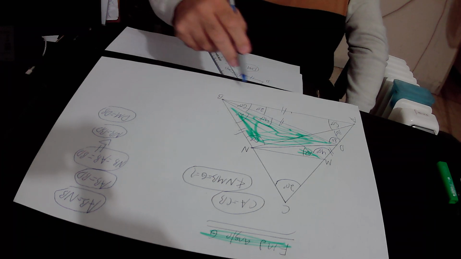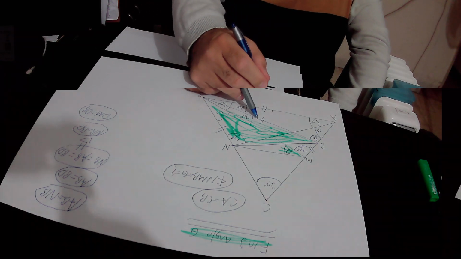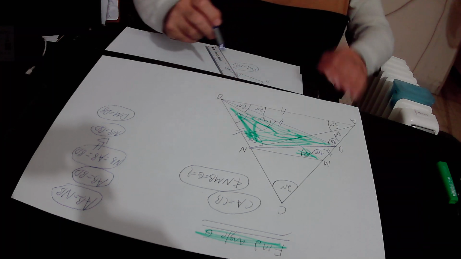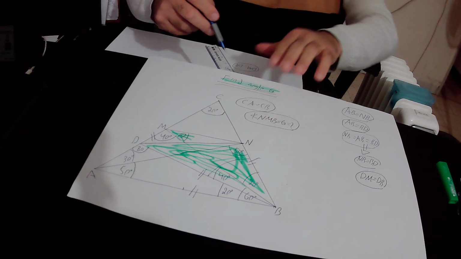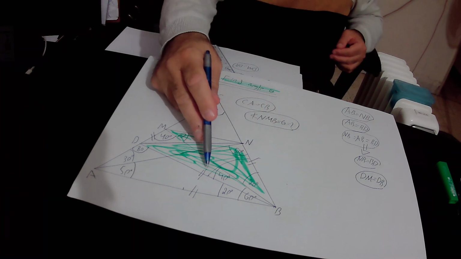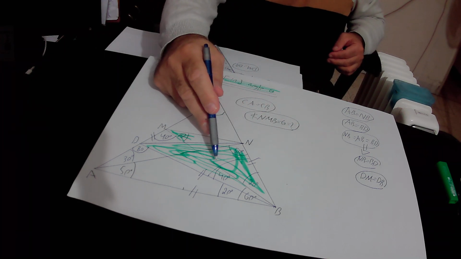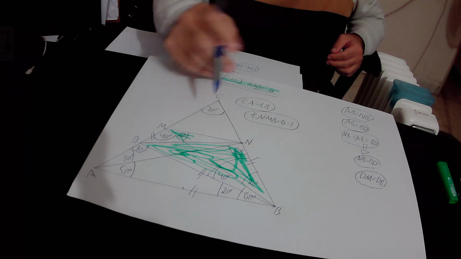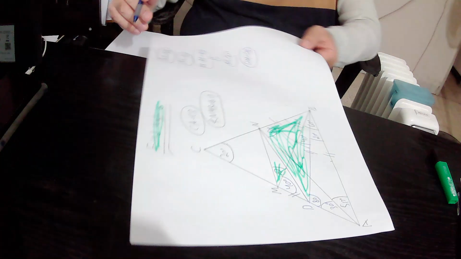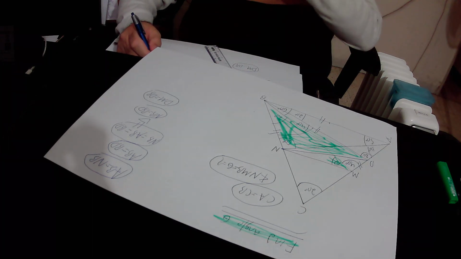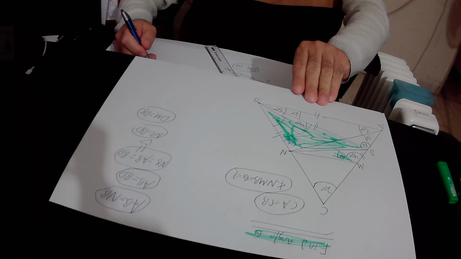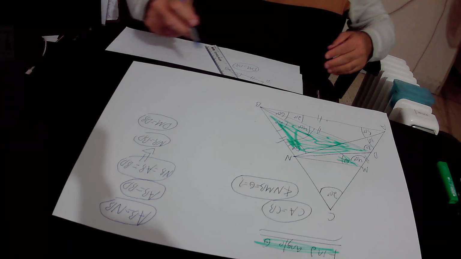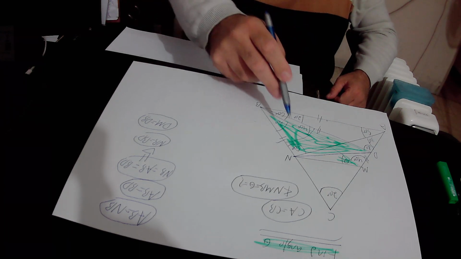Angle NBD, very easy to see from the drawing, this angle NBD is equal to 40 degrees plus 20 degrees, that is 60 degrees. And side DB equals side NB.